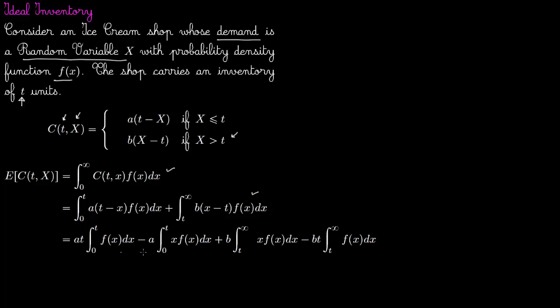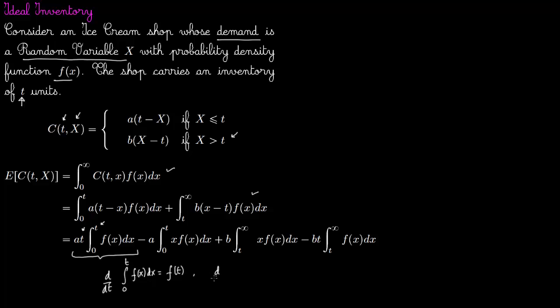Now we want to differentiate both sides, and that will give us the optimal value. First let us differentiate this part. We have to use the product rule here because we have a function of t here and this integral is also a function of t. First notice that d by dt of the integral from 0 to t of f of x dx is just f of t.